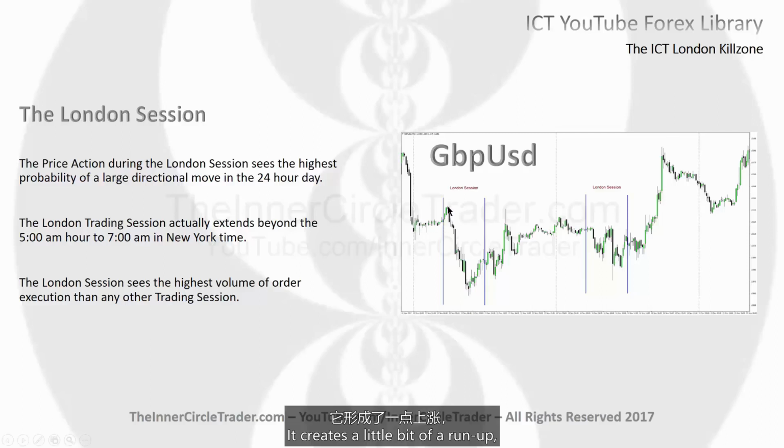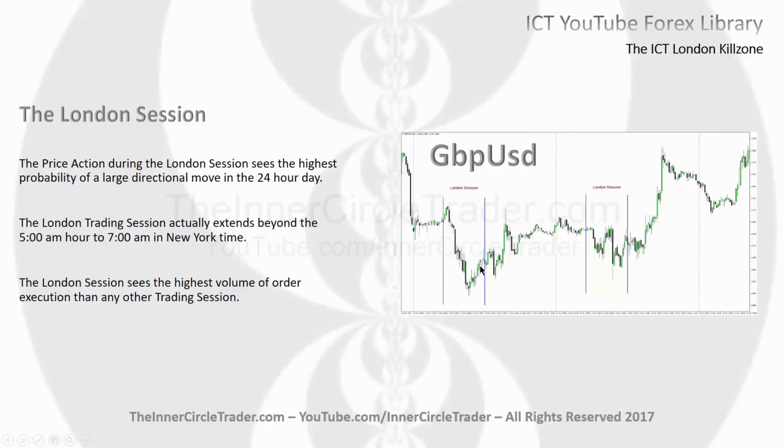It creates a little bit of a run up, rejects that, and trades aggressively lower, and then comes off the low and begins the New York session. So we have a micro power 3 formation in here. So we have the open, the rally up, the expansion, the low, off the low it closes.